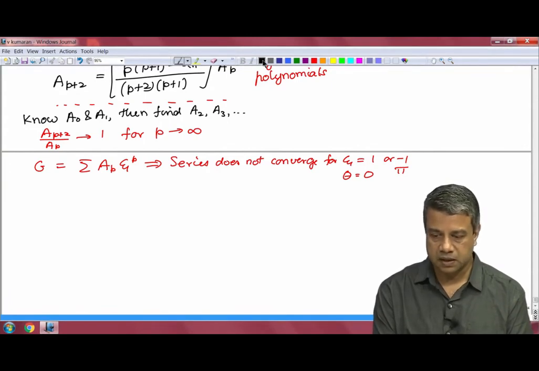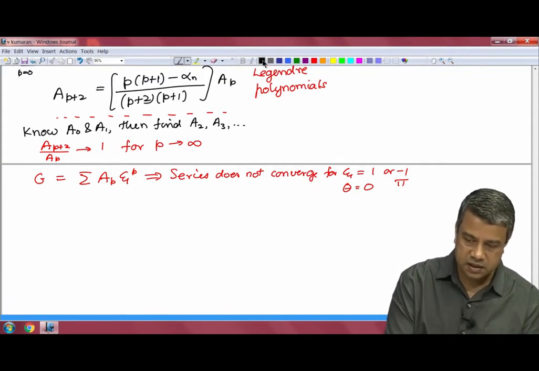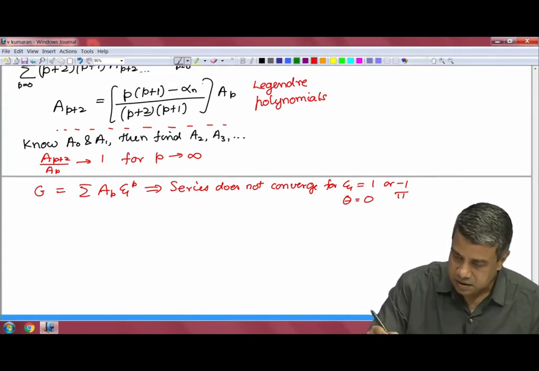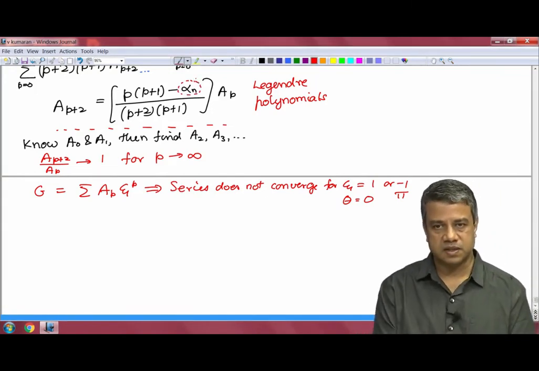There is only one way that this series converges, and that is if this alpha n is chosen such that one of the terms in the series becomes 0.